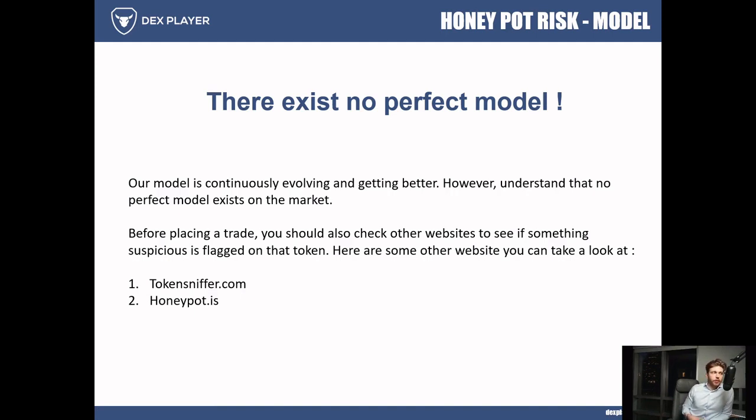Our honeypot model is continuously under development, and it's continuously getting better. Before placing a trade, you can also look at other websites like tokensniffer.com and honeypot.is that have their own honeypot risk models, and so it can give you a better idea of if it's risky or not.